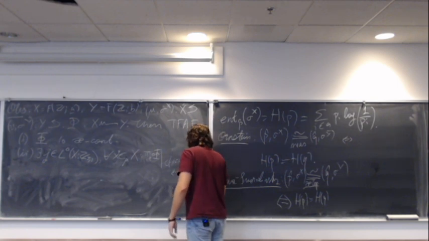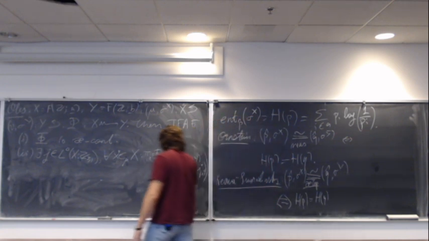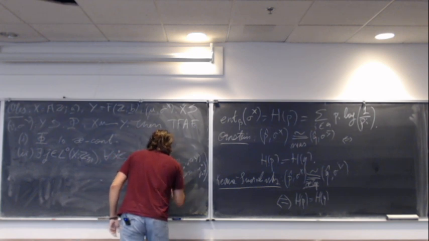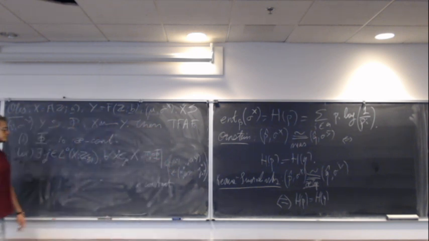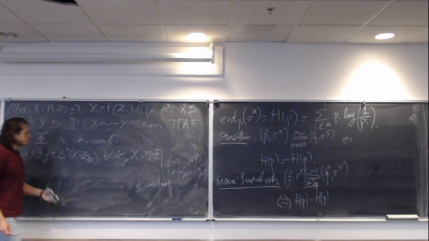So this is a cylinder set, and I'm looking at the 0th coordinate. This is constant. Okay. So this is the second way of thinking about it.